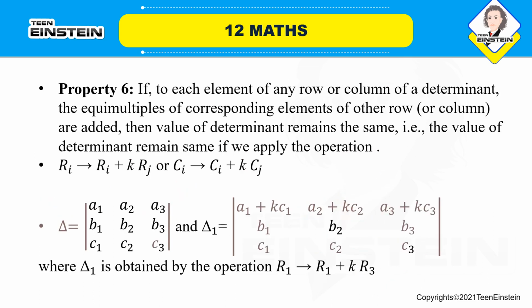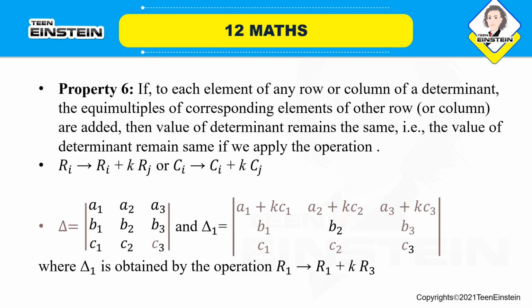Next, property 6. If to each element of any row or column of a determinant, the equimultiples of corresponding elements of another row or column are added, then the value of the determinant remains the same. That is, we are multiplying each element of any row or column by a non-zero value k.